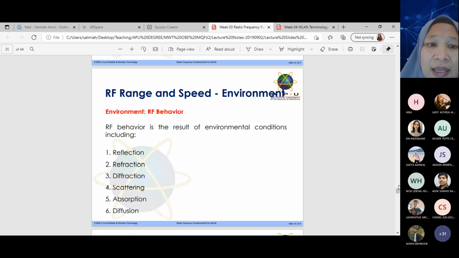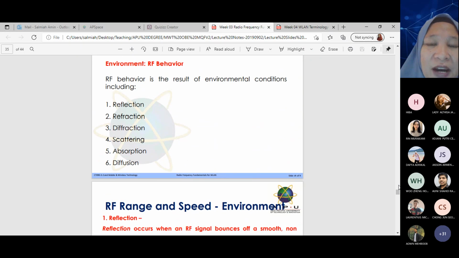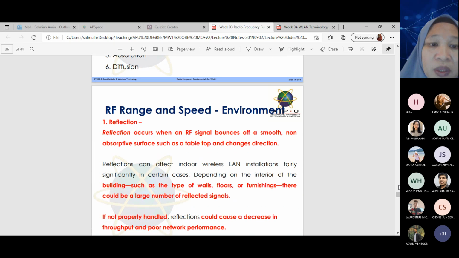Next one, environment. This covers behavior such as reflection, refraction, diffraction, scattering. For those who learned physics before, this is a piece of cake. But for those who never learned physics, no issue, we have an explanation here.